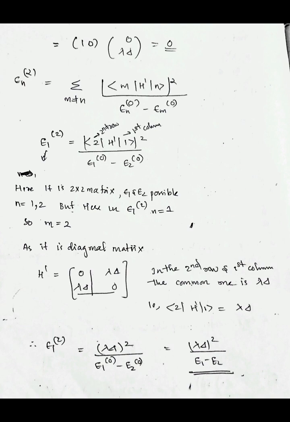In the H' matrix, if you observe the second row and first column, the term is δλ. So here we can write that <2|H'|1> is equal to δλ. So substituting these values, we can write E1² is equal to (δλ)² divided by E1⁰ minus E2⁰, and this is equal to (δλ)² divided by E1 minus E2. So this is the answer.